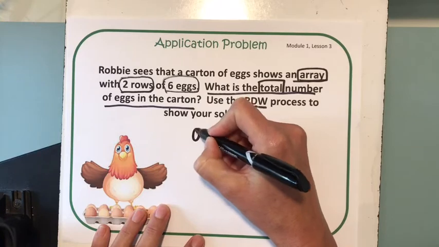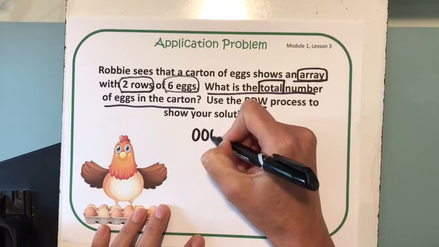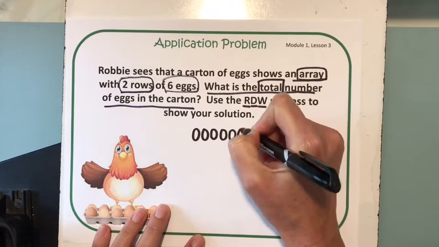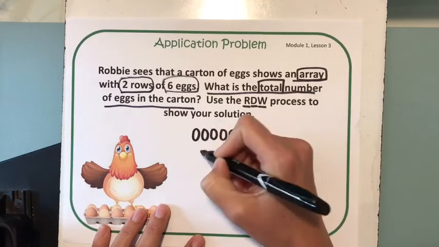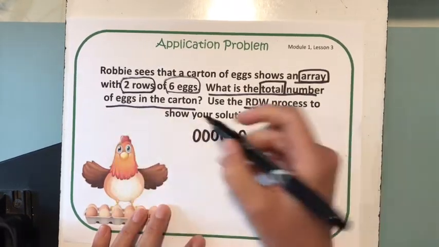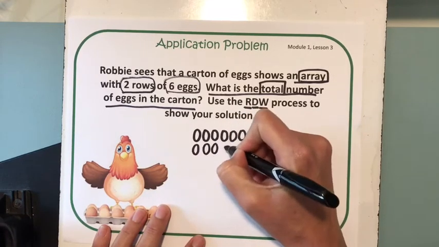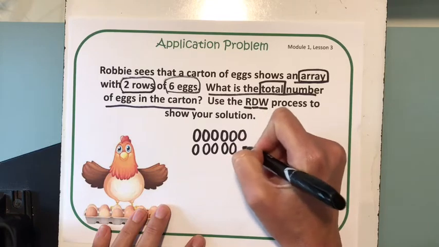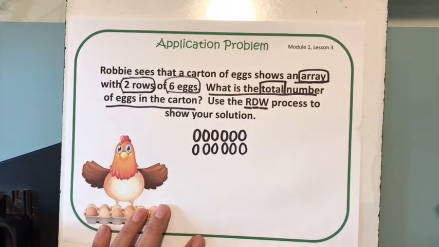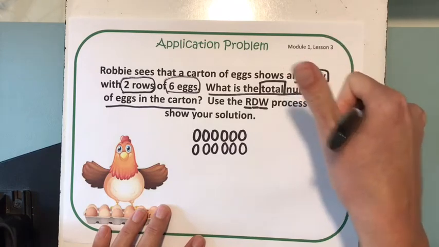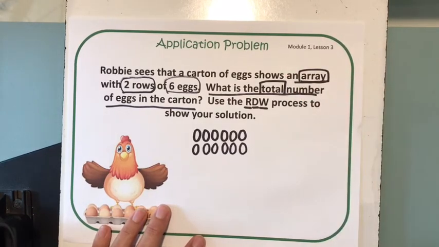So 1, 2, 3, 4, 5, 6. There's my 1 row, my first one. And then I have 2 rows, so 1 more row. 1, 2, 3, 4, 5, 6. Did I draw 2 rows of 6? I did. Awesome.